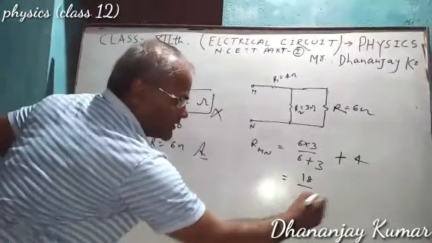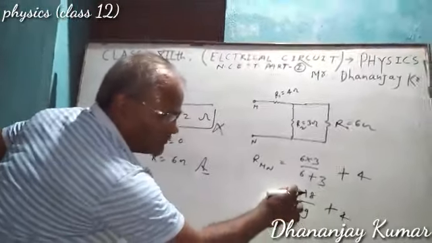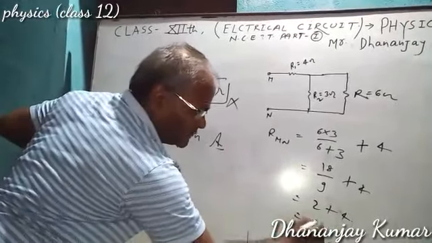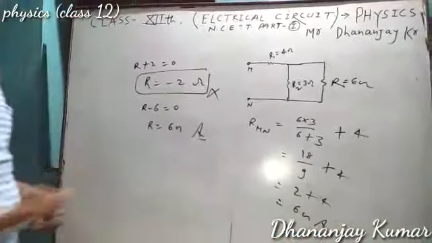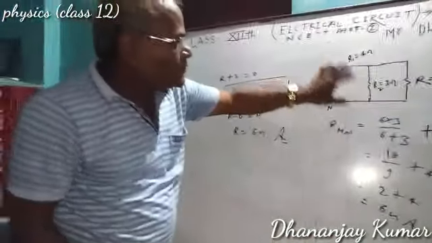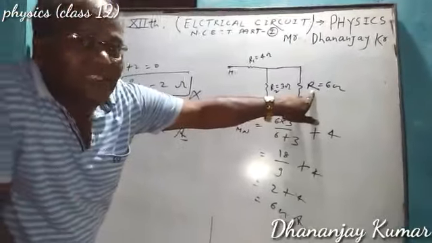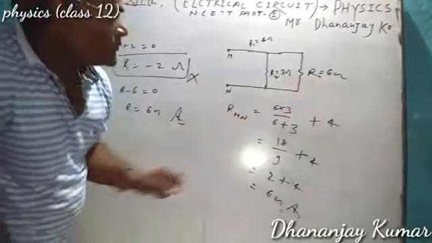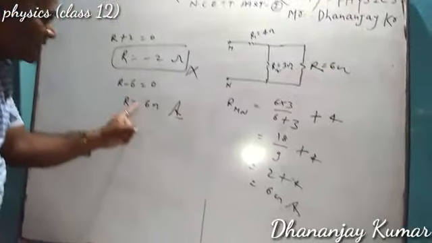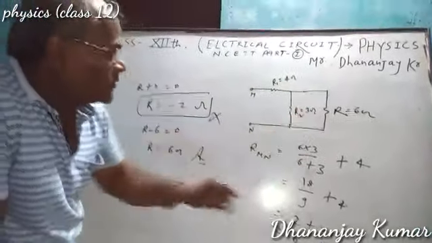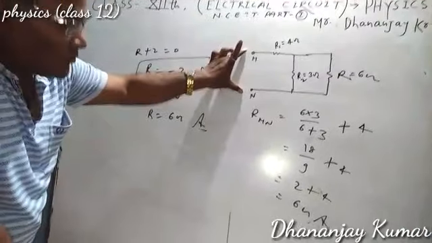Here 18 upon 9 is 2, plus 4, that will be 6 ohm. Just we see here, except these two resistances, the equivalent resistance for the infinite chain we get already is 6 ohm. And now this value is put into the given network, so the equivalent resistance across MN will be equal to 6 ohm.